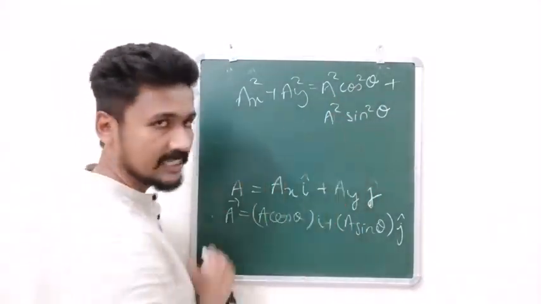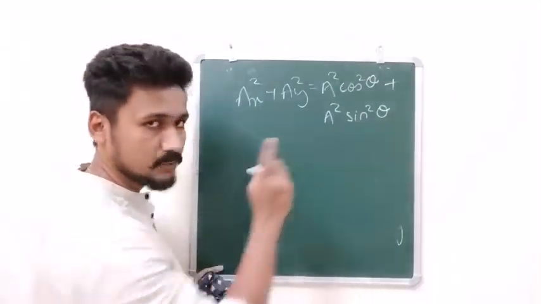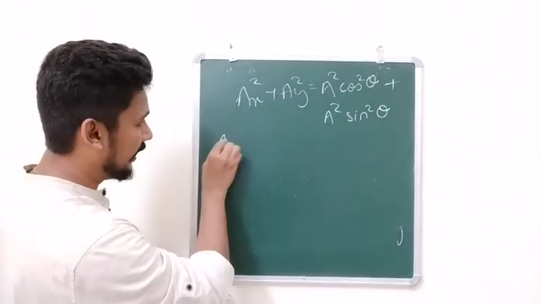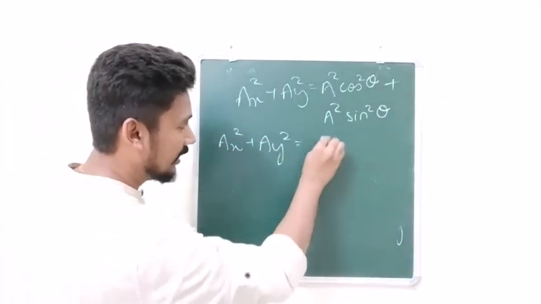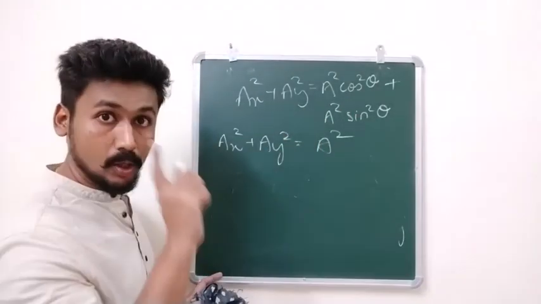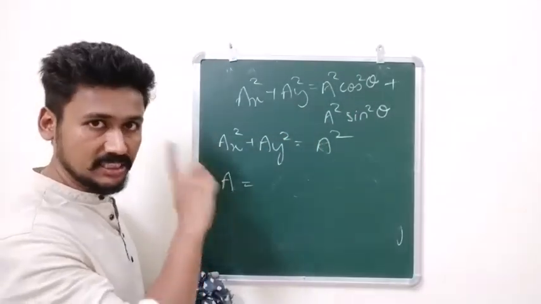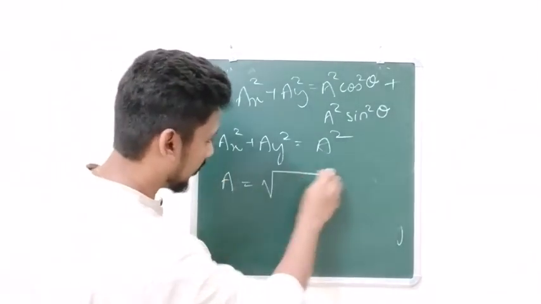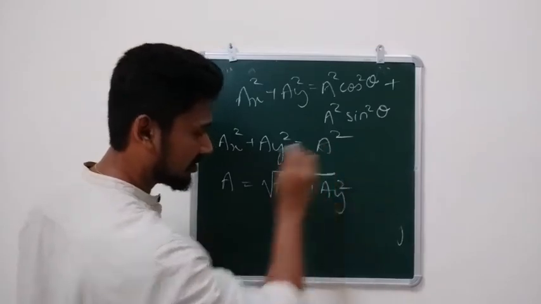Cos square theta plus sin square theta, and we know very well cos square theta plus sin square theta is 1. So you can write AX square plus AY square is equal to A square, or you can say therefore A, that is the magnitude of our original vector, is equal to under root of AX square plus AY square.